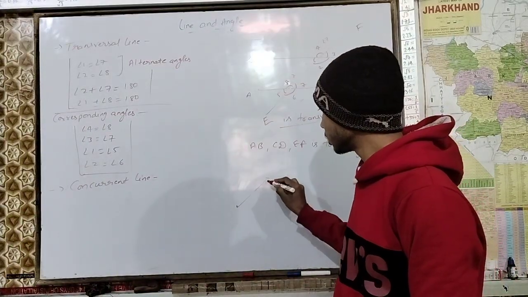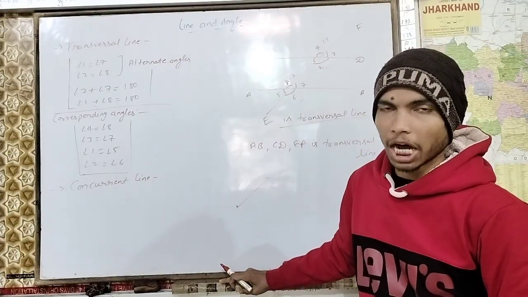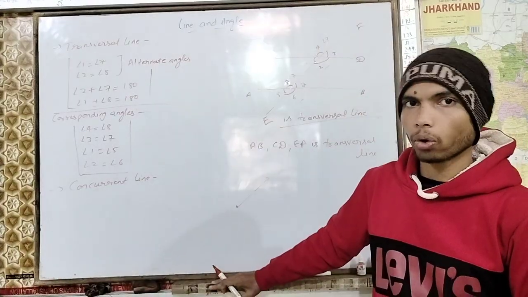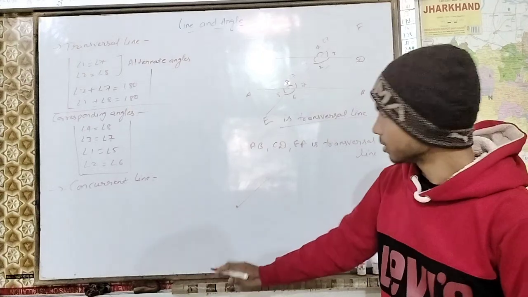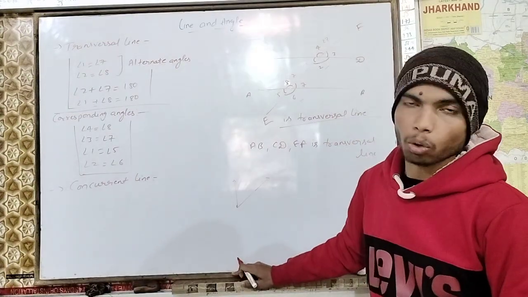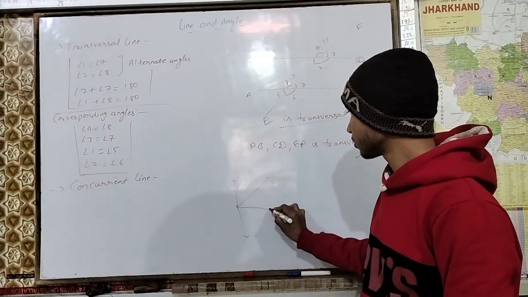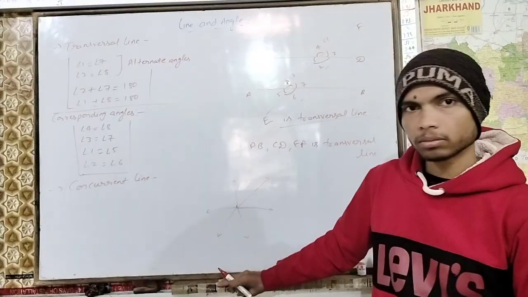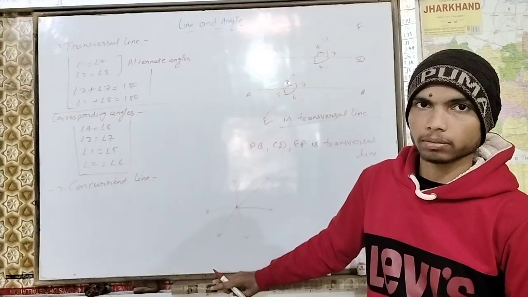Like this. Ray. Are you observing that we can draw a lot of rays if this is the condition? With the help of one point, you can draw a lot of rays. This part is known as concurrent lines.